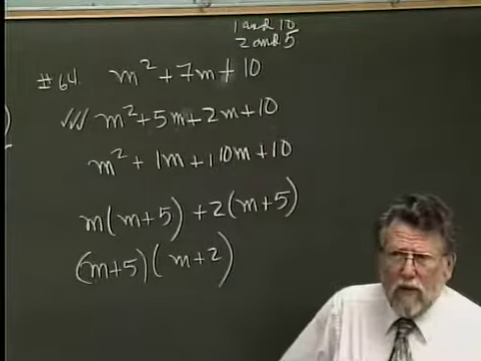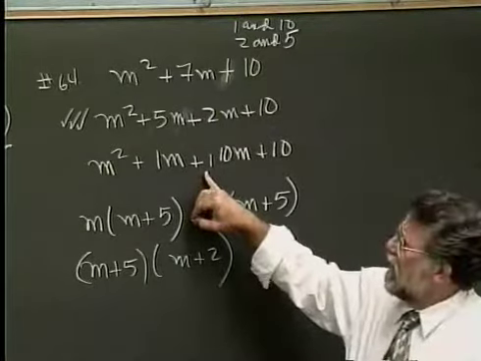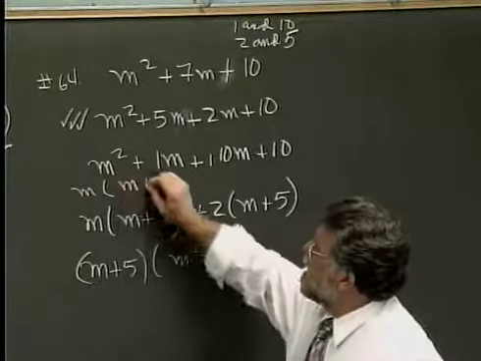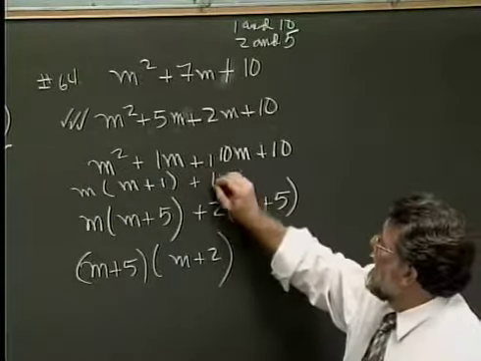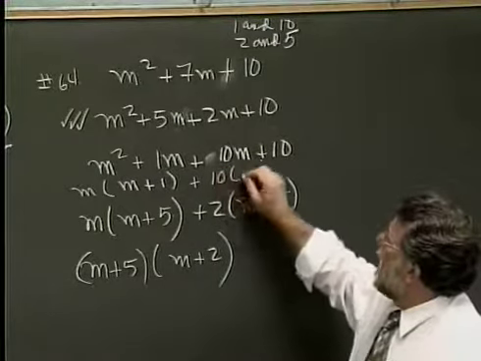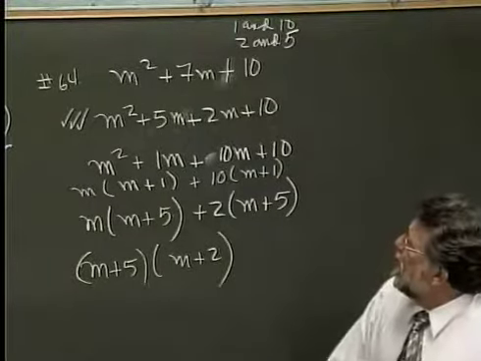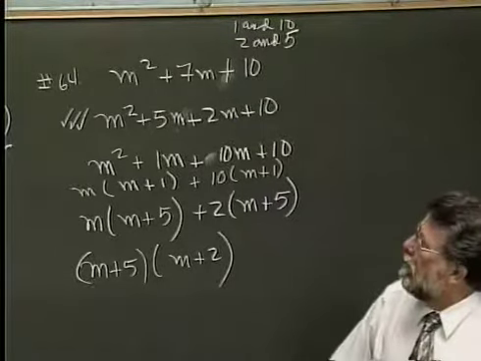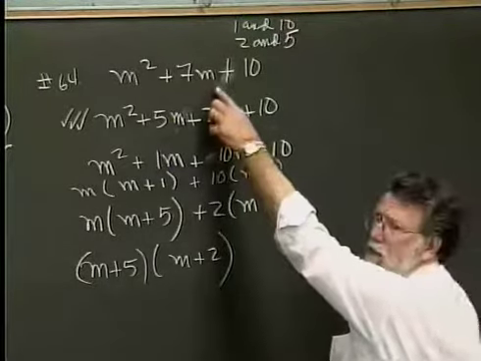Because I have it in sort of a prime factored form. Now, did it work very well here? If I look at this one, I'm going to have m times m plus 1. That's nice. And then I'm going to have what? A 10. I guess I have a double 1 there. I don't need that. A 10 times m plus 1. And that is going to work, but it wasn't the original trinomial.